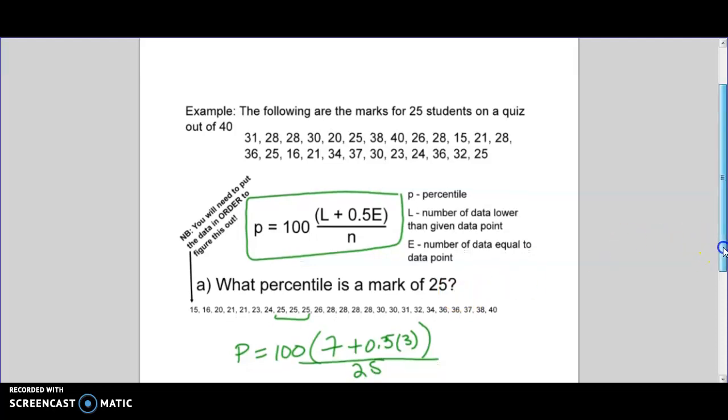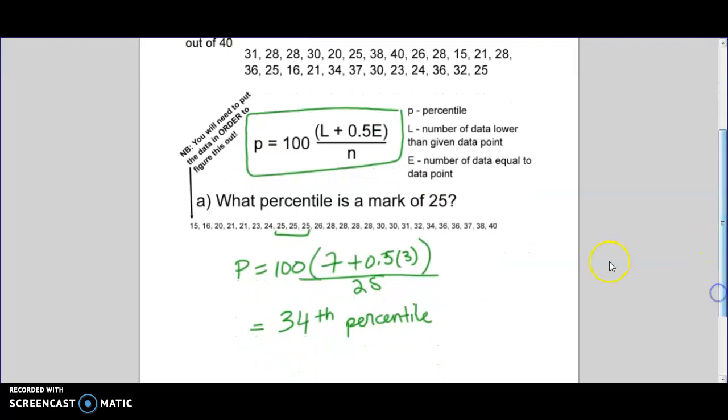To figure out what percentile is a mark of 25, use this formula here and plug in your numbers. L is the number of data points lower than the given data point. If we count here, lower than 25, we have 1, 2, 3, 4, 5, 6, 7. So we plug in 7 plus 0.5.